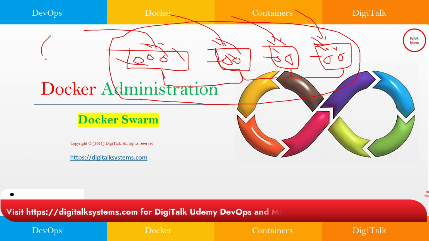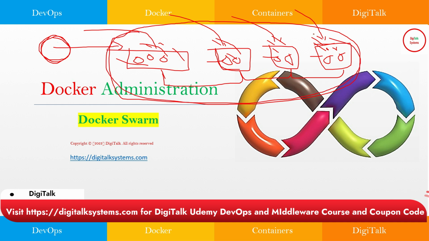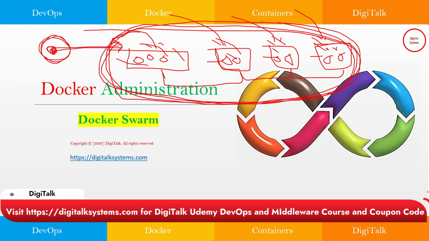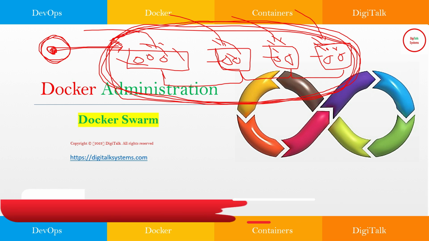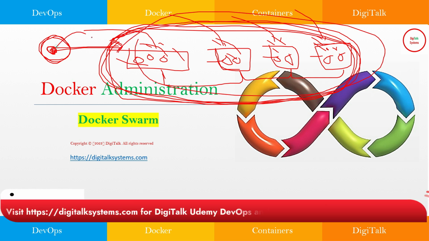So for that we need a centralized solution or a central location, where you can control all of your Docker containers in all of the nodes. This is a kind of orchestration tool, which is used to centralize management of your multi-container Docker architecture. Now if you would like to stop all of your containers, you can issue the command from here.